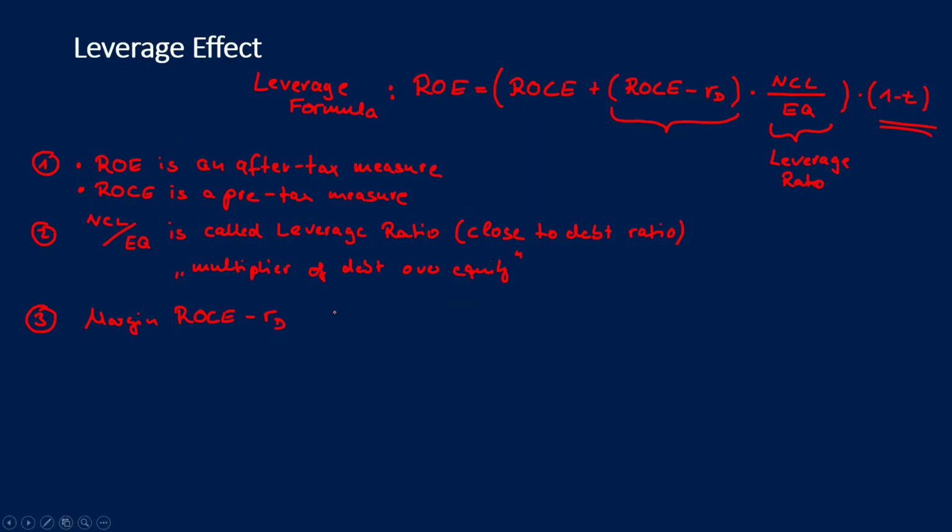So how much does our capital earn? And the interest is how much our debt costs. We now have to differentiate. So if the margin rho C minus interest is 0, then we see it here. If it is 0 and the leverage ratio is whatsoever, then the return on equity and the rho C are the same, but the tax.